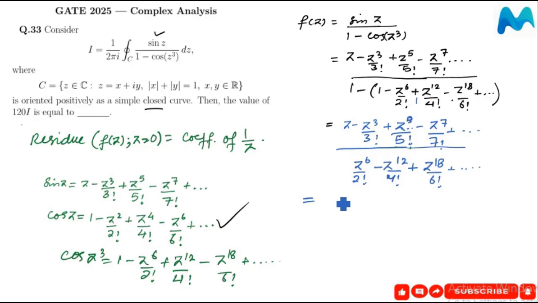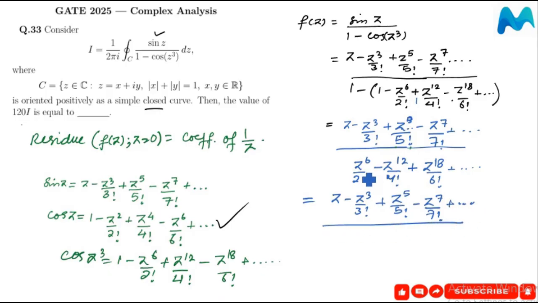Once again the numerator is the same: z cube by 3 factorial plus z^5 by 5 factorial minus z^7 by 7 factorial, and so on.